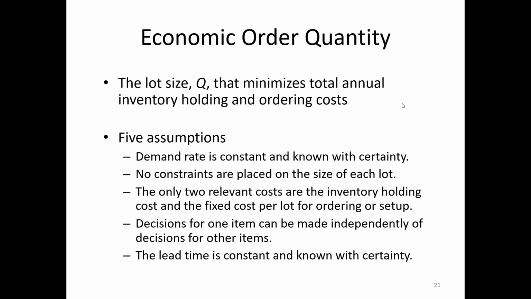Now, we start off with a few assumptions. Some of them are a little bit goofy, and some of them aren't a big deal. So we start off with the demand rate being constant and known with certainty, which we will relax in the future. But we start off with that so we're isolating the relationship. The key is the relationship. There's a little problem here. They wouldn't really use economic order quantity to make an order. And yes, that's true. I know it.